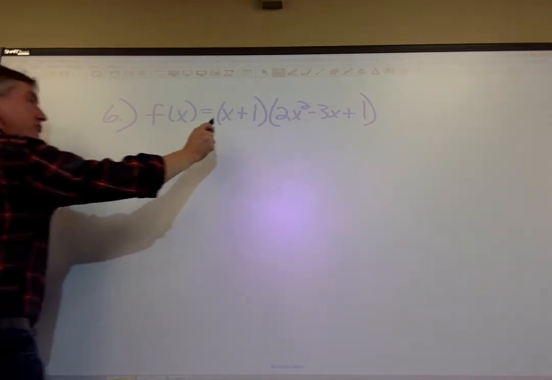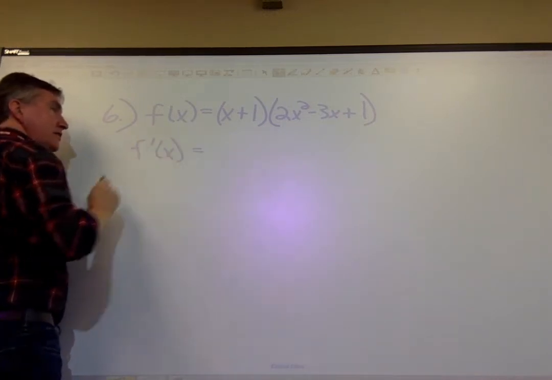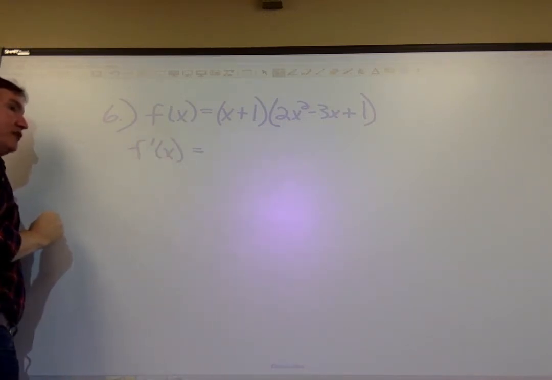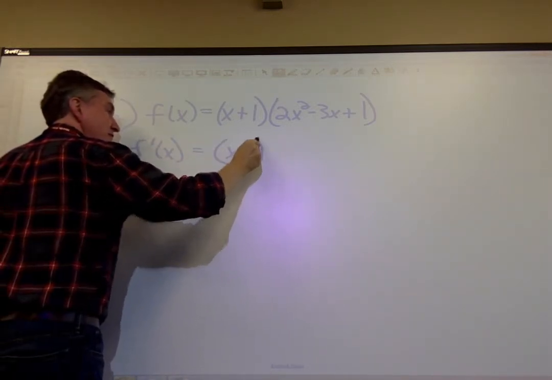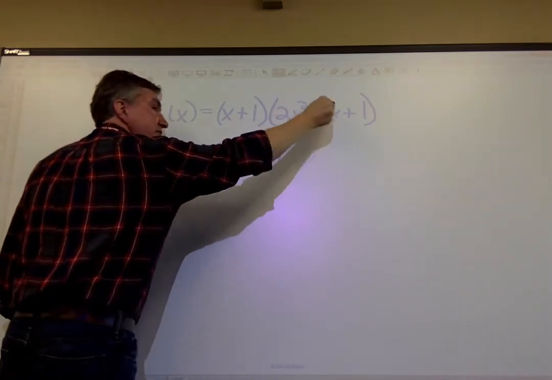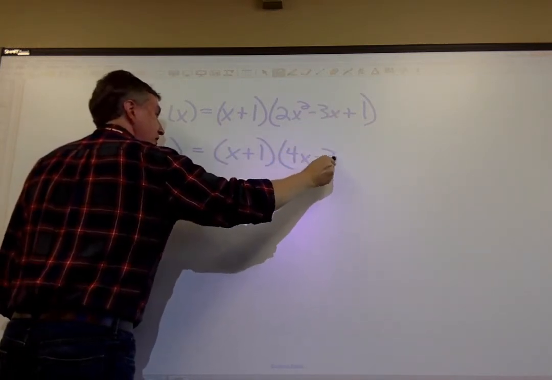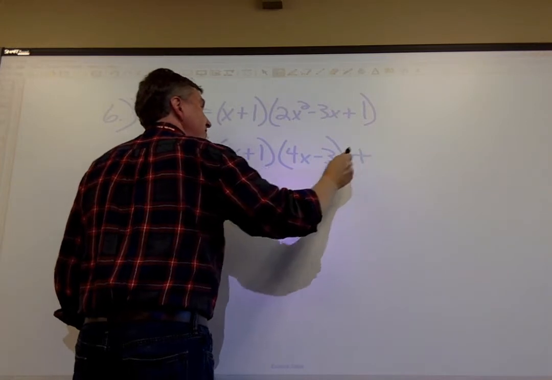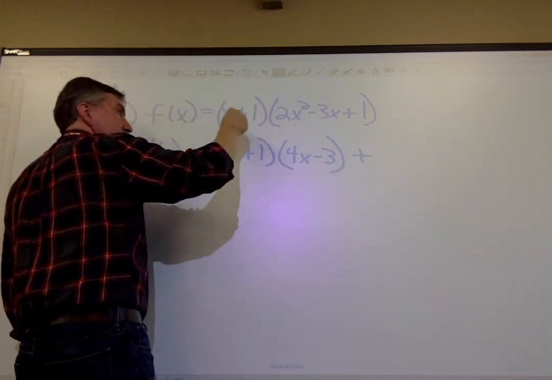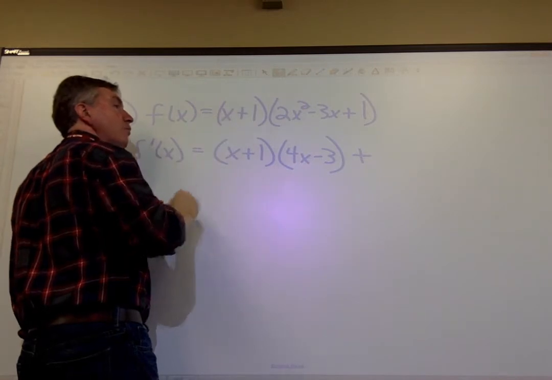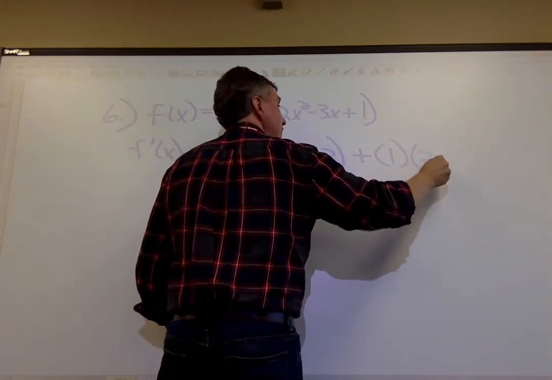So if I want to use the product rule to find f prime of x, do you remember what it said? Didn't it say the first times the derivative of the second, which would be what? 4x minus 3. Great. Plus the derivative of the first, 1, times the original second.